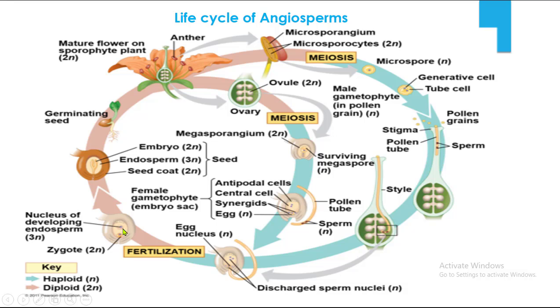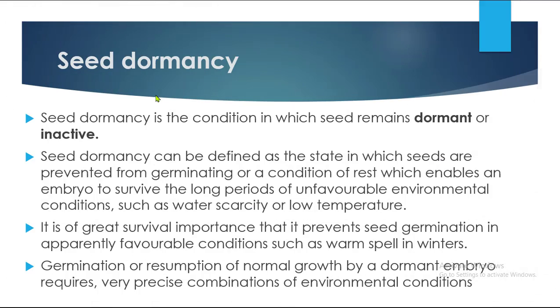This zygote develops into a new sporophyte plant. So this is alternation of generation. Here you can see the blue portion is the haploid generation and the pink part is representing the diploid part. So this was all about the life cycle of angiosperms.